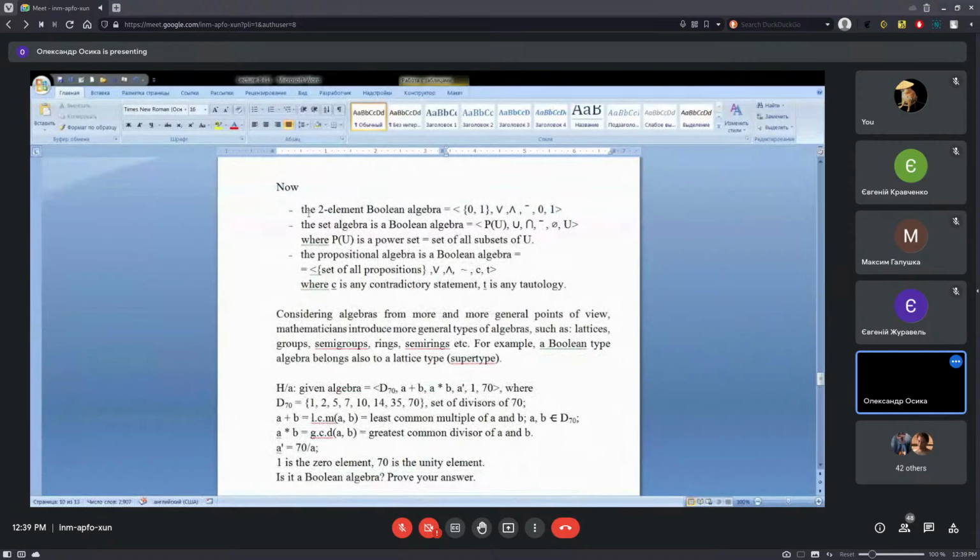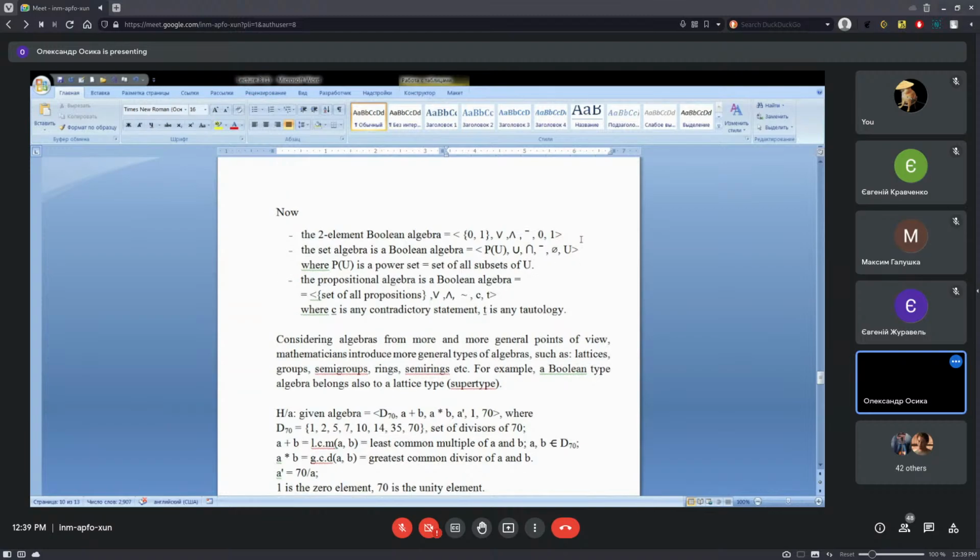Now, the two-element Boolean algebra is stated like this. B is 0 and 1, plus is or, multiply is and, prime is not.